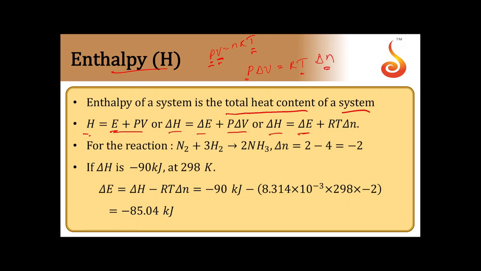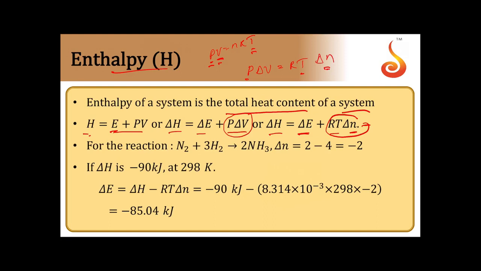Therefore, delta H is equal to delta E plus RT delta N, where P delta V is replaced by RT delta N, and delta N is equal to change in the number of moles of gaseous products minus gaseous reactants.